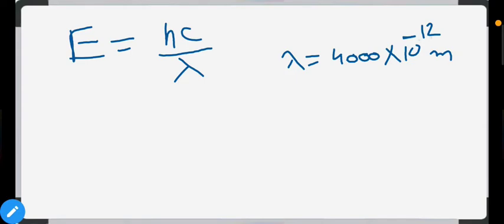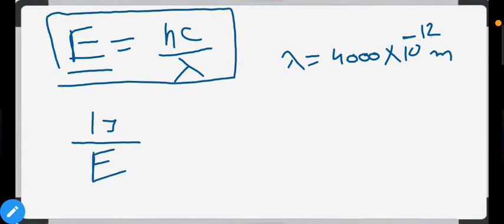Now put the remaining values of h and c and calculate for energy. So you will get the energy of 1 photon. Now divide 1 joule by the energy of 1 photon obtained from this calculation, and you will find the number of photons.